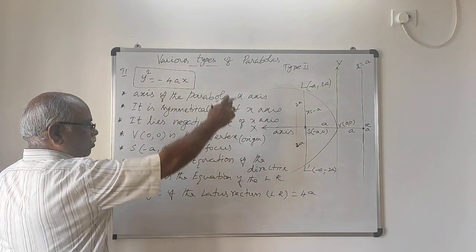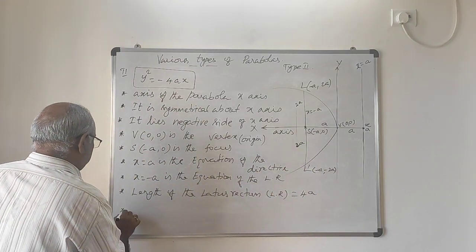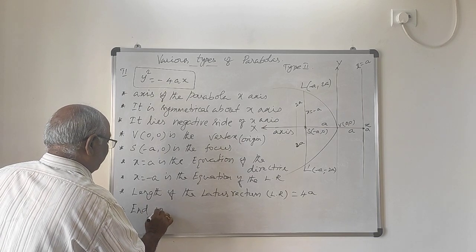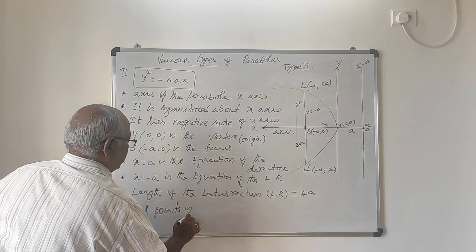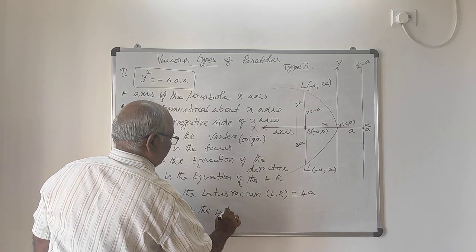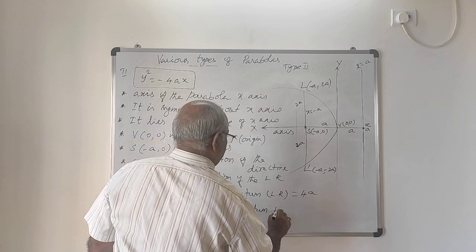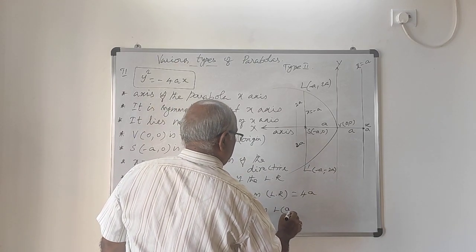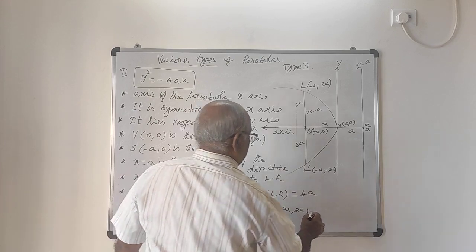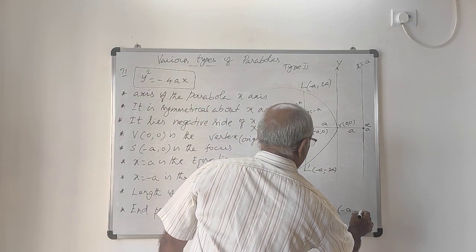Length of the latus rectum is 4a, 2a plus 2a. And what are the endpoints of the latus rectum? L is minus a comma 2a and L dash is minus a comma minus 2a.